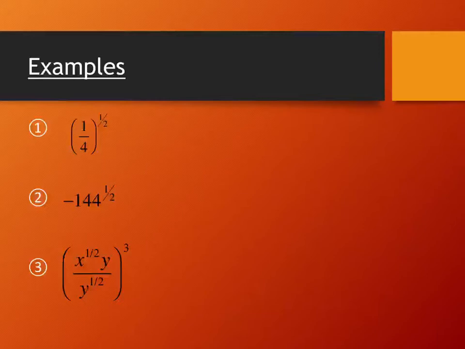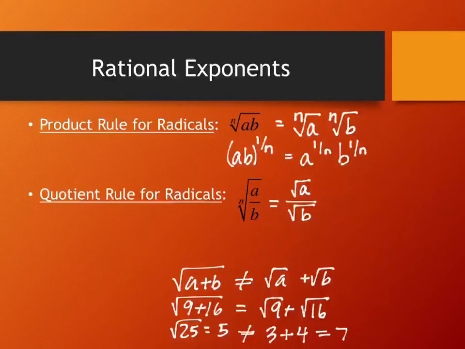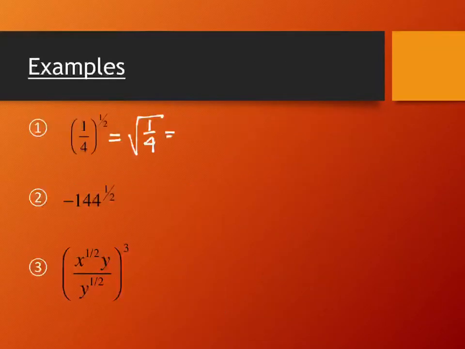So I can actually take this, and I can recognize that a power of 1/2 is the same thing as a what? Square root, you betcha. So this is a square root of 1/4. And the property over here, the second one with the quotient rule, says I can separate that radical to be on the top and on the bottom. And what's the square root of 1? 1. And what's the square root of 4? 2.